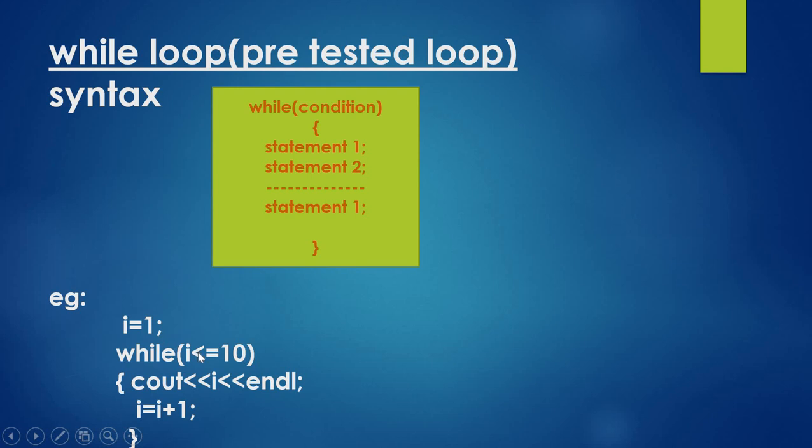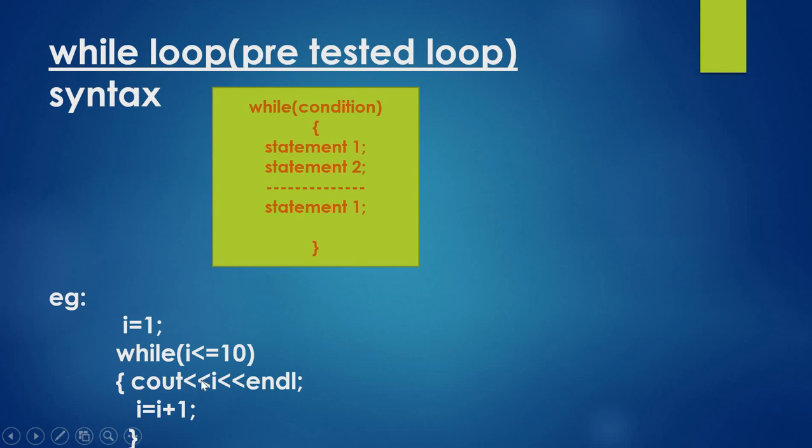Here, i is the iteration variable, so that iteration variable we need to initialize. That is the initialization. Which is the condition? i <= 10. That is the condition. Then, which is the increment? i = i + 1.